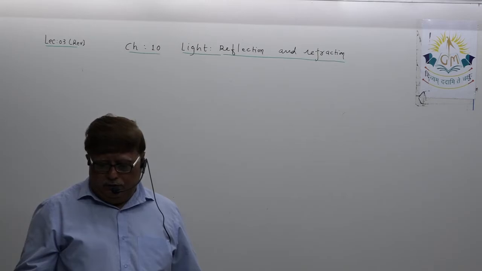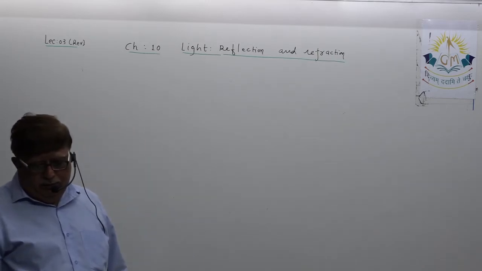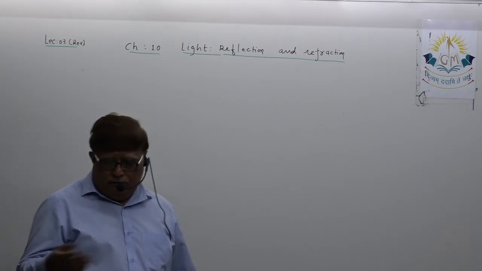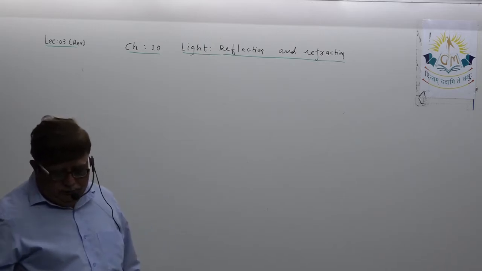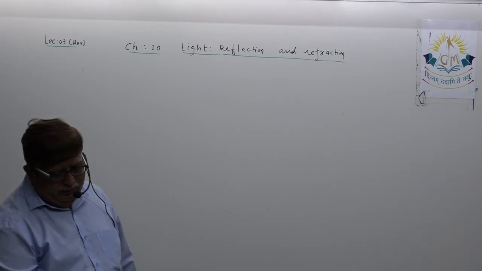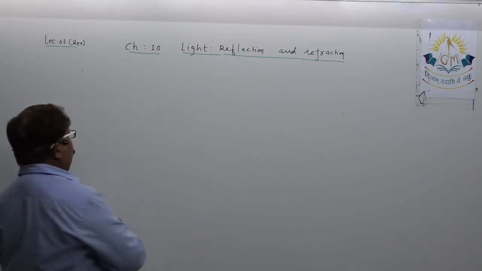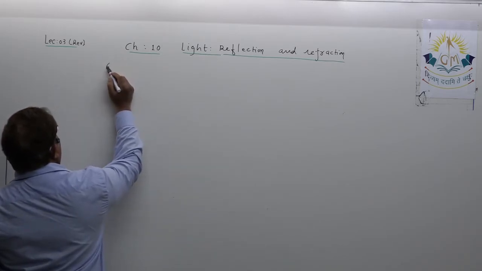If a bus is located at 5 meter from this mirror, means the object distance has been mentioned, that is 5 meter. Find position, nature and size of the image. Let us do this, example number 6.